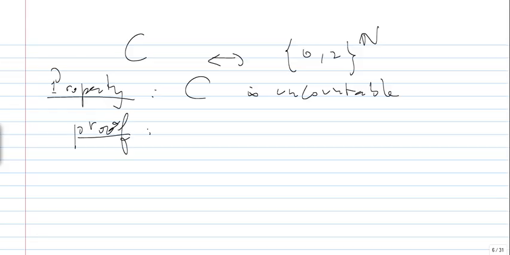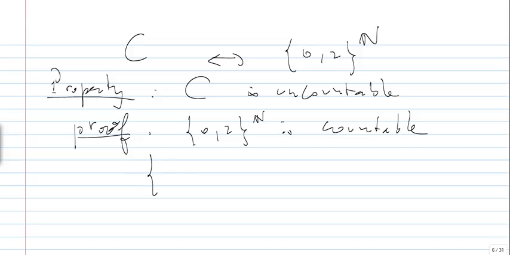Assume that the set 0, 2 to the power n is countable. Okay? And let's write xn is a sequence, huh? Okay? It's a sequence of zeros and twos, okay? Assume that this set, sorry, let me rewrite it, okay?